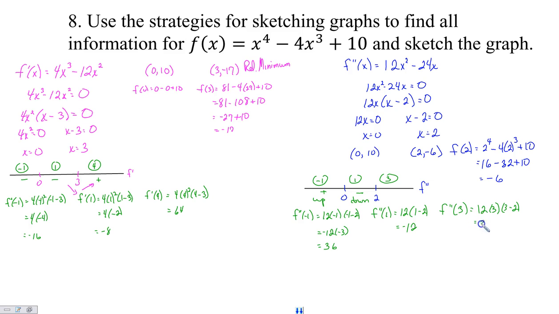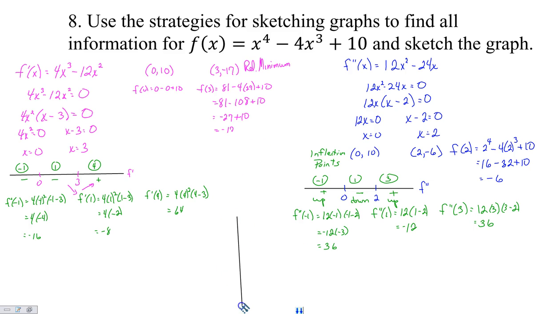And that's going to give us positive 36, telling us that on this interval from 2 to infinity, the function is concave up. So we indeed do have two inflection points. So both of these are inflection points, so two of those, because we have an inflection point anytime we have a change in concavity.